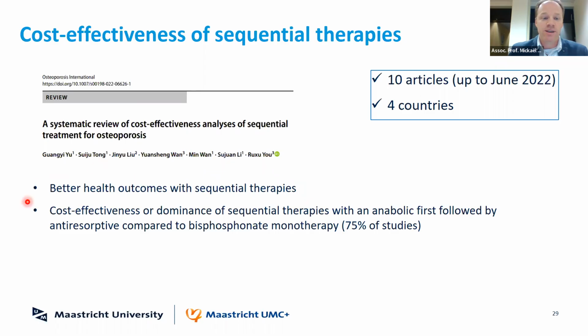Based on this review, the authors concluded there was better health outcome with sequential therapies compared to monotherapies, and in more than 75% of studies sequential therapy with an anabolic first, such as abaloparatide or romosozumab, followed by an anti-resorptive, is cost-effective or even dominant compared to bisphosphonate monotherapy, especially in a high-risk population, because the drug acquisition cost is also a driver.